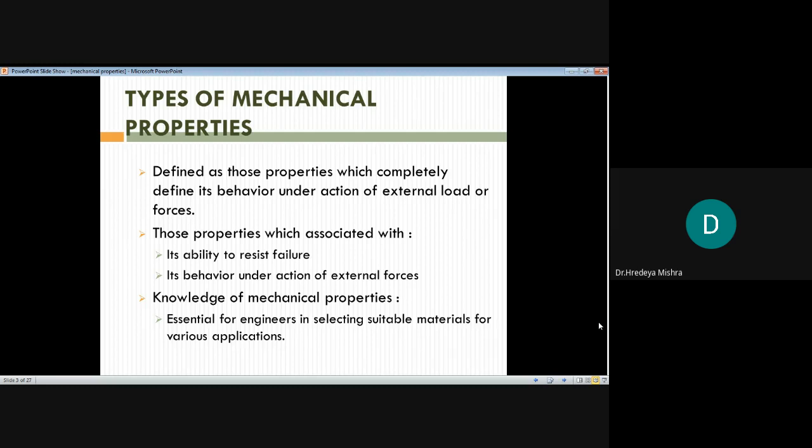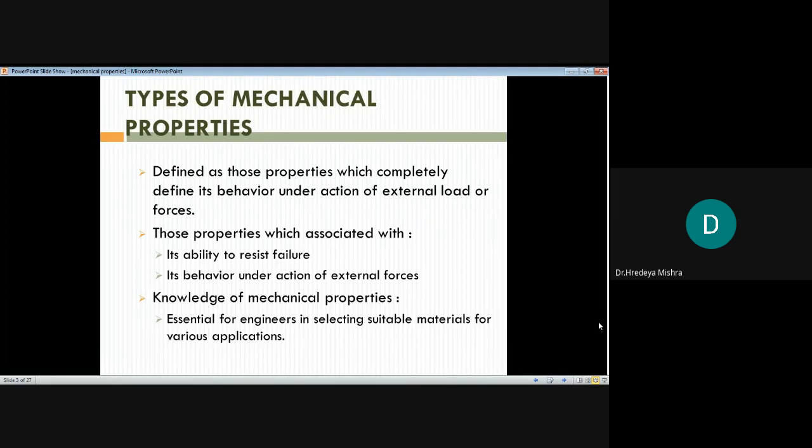So when we test the material, we have to apply the external force or load on the component, applying different types of loads or force to check the different properties.